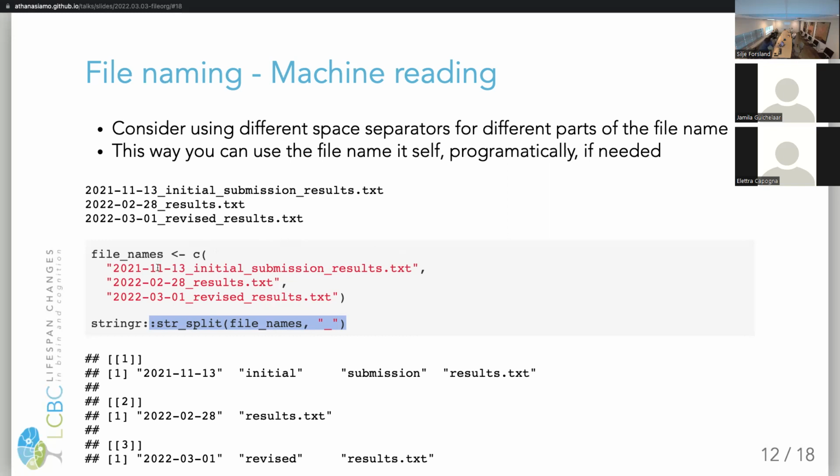And then the next one only has 2. It's just a date and then results. And then the third has 3. Which is fine. I mean, at least the date is in one single place. That's nice and neat.